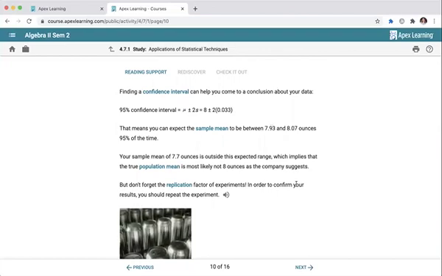It's saying we are 95% confident that the data falls between these 2 points. That's what the company's reporting out when they say 8 plus or minus 0.2 ounces.